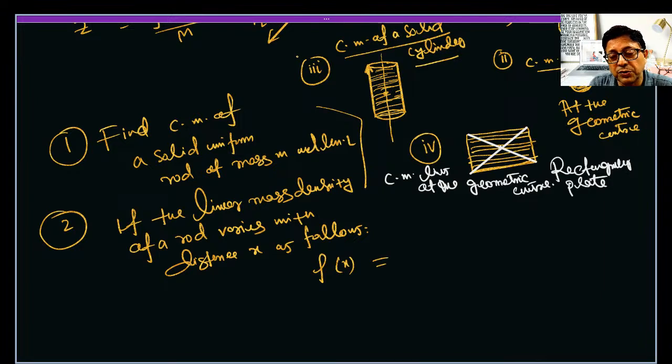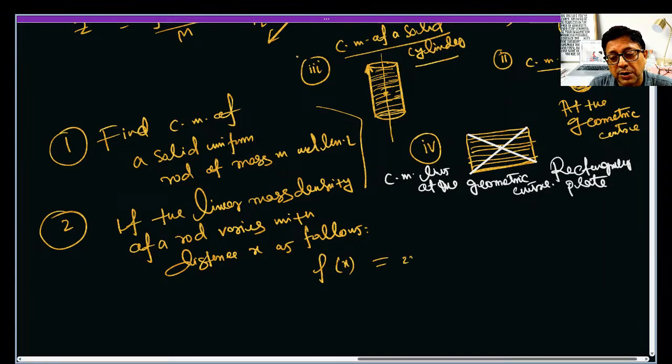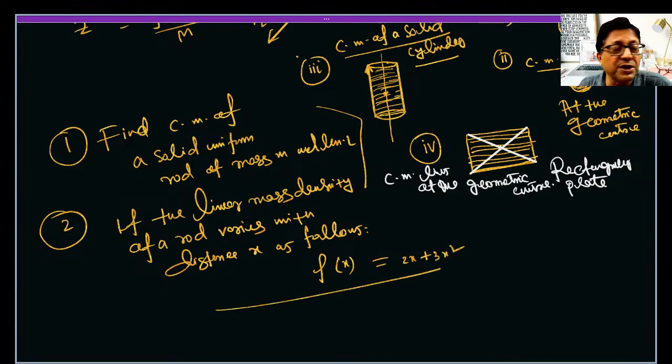Rho of x equal to 2x plus 3x square. With distance, it varies according to this relation.